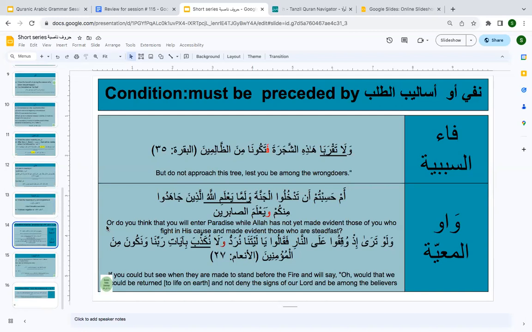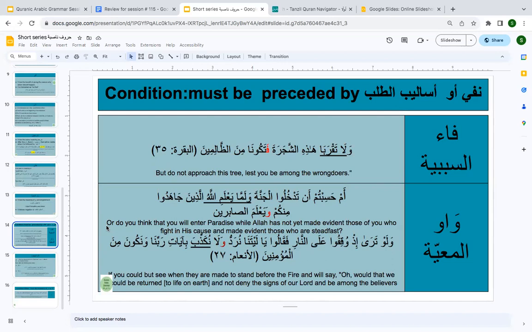Okay, so these are the six conditions of asalibu talb, and the seventh condition is the negation. You just don't label any fa as sababiyya, you will find the seven reasons before, and then you will call it fa sababiyya. Otherwise it is some other kind of fa. It may be just a simple fa.